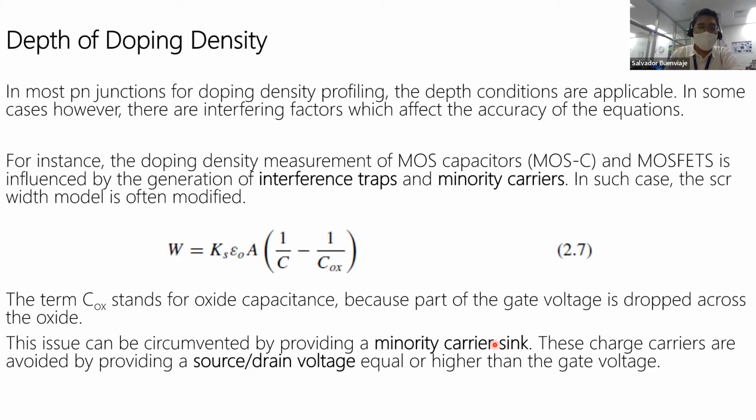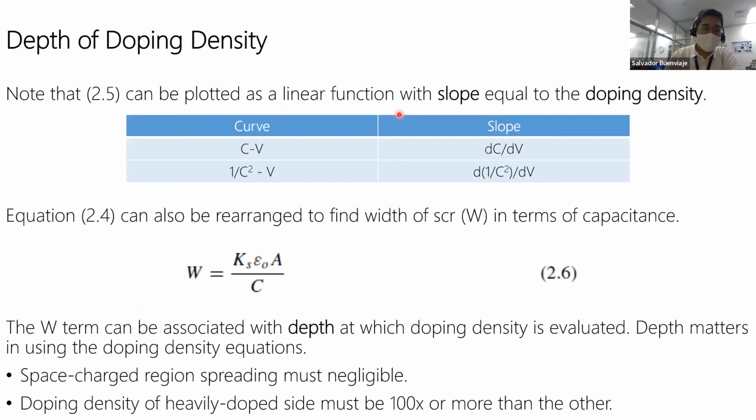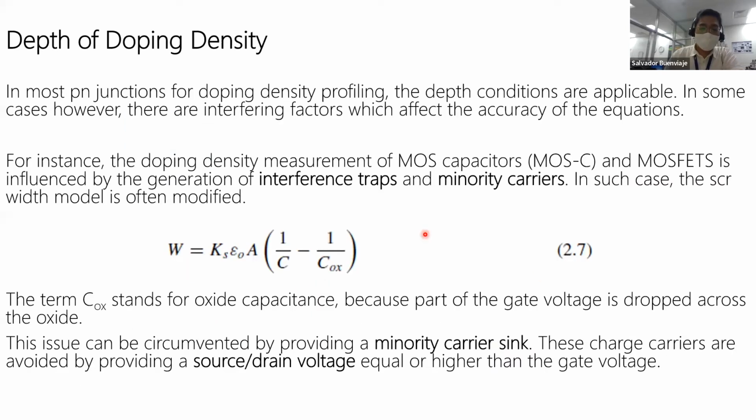In some cases, however, there are factors which affect the accuracy of the previous equations. For instance, for MOS capacitors and MOSFETs, it is influenced by the generation of interface traps and minority carriers. In such cases, the equation should be modified to account for the species which interfere in the depth of the doping density evaluation.